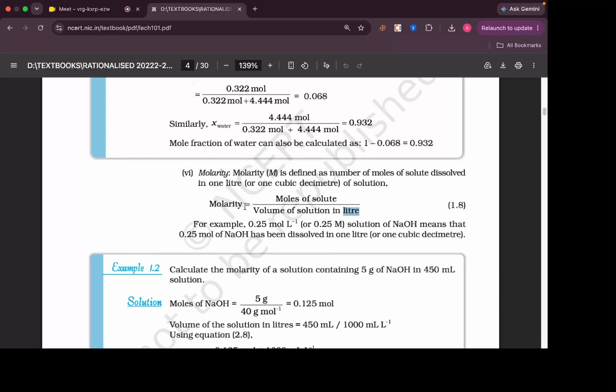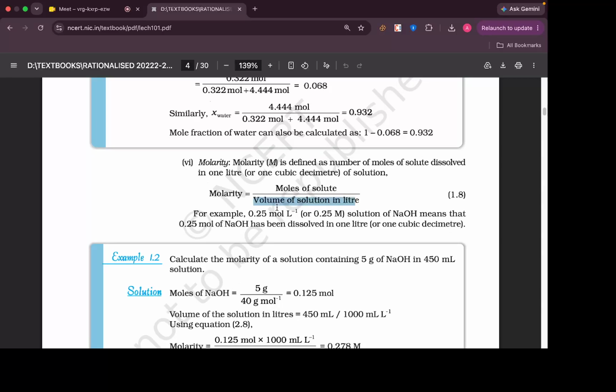So molarity, capital M, is equal to moles of solute divided by volume of solution in liter. For example, 0.25 mole per liter or 0.25 capital M molarity solution of NaOH means that 0.25 mole of NaOH has been dissolved in 1 liter or 1 cubic decimeter. Now see what they are telling us.